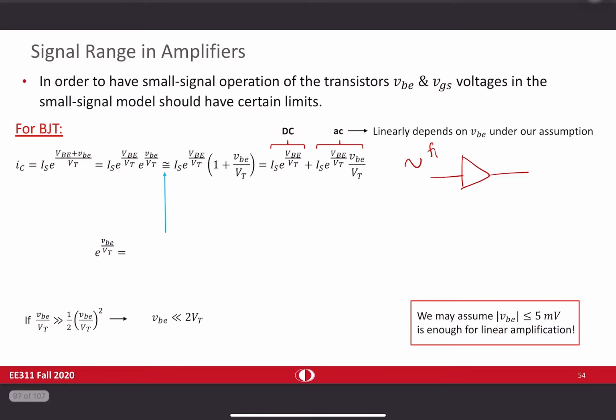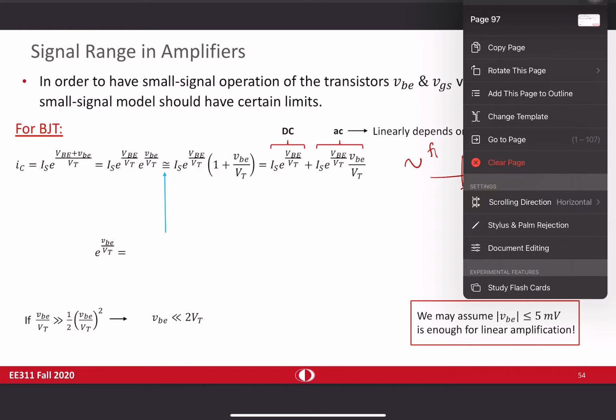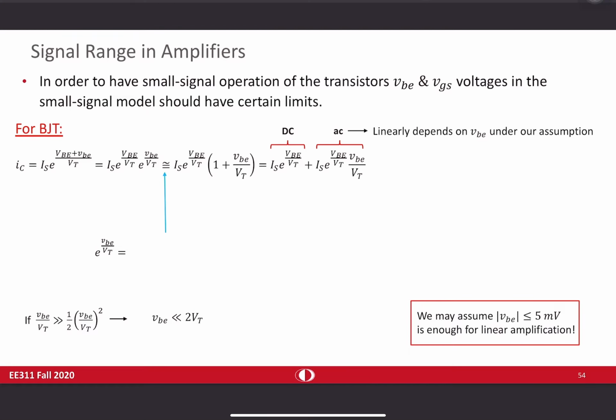So let's go back to the previous slide and clear this page. And in fact, I know that IC is exponential VBE divided by VT.